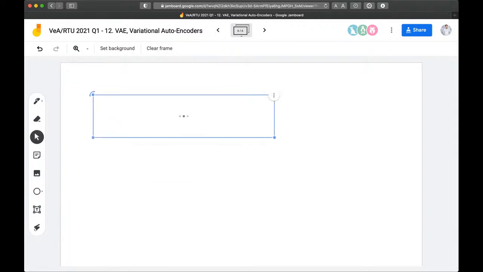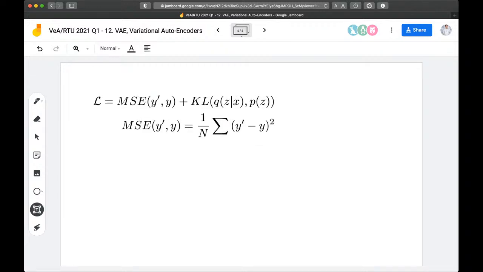And the second term is the KL loss, Kullback-Leibler. By the way, that is not the only way to do this. KL divergence is for probability distribution measurement, basically Kullback-Leibler.